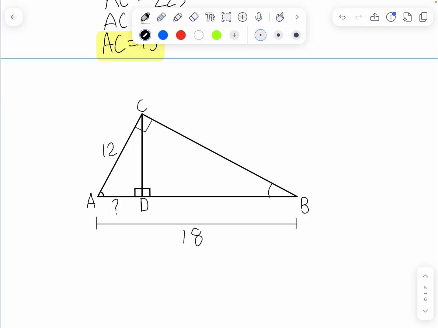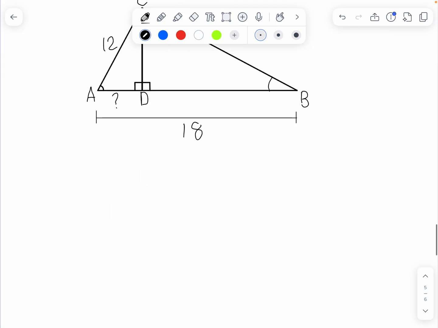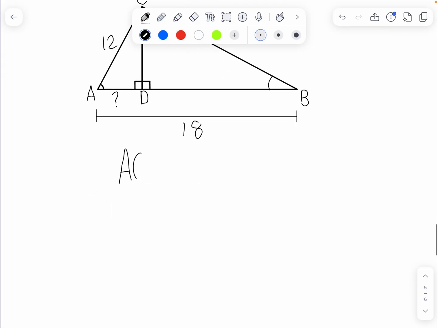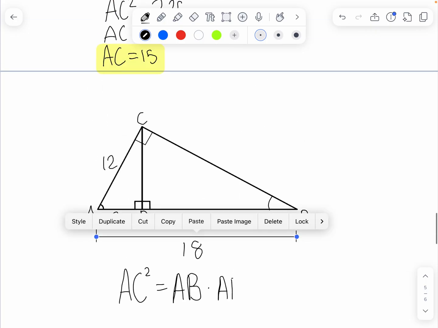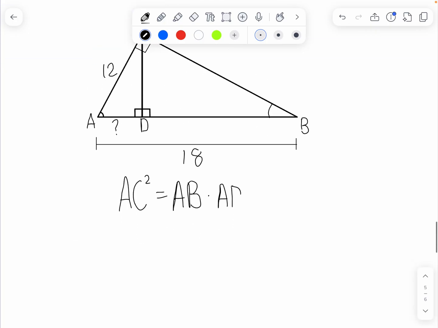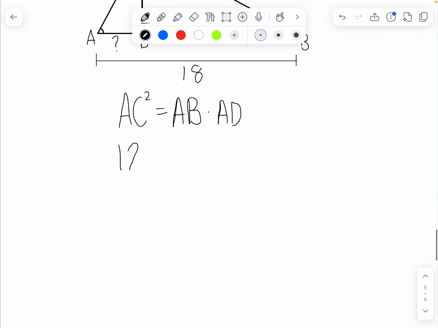So let's get started. So using the formula of AC squared equals AB times AD, that would equal 12 squared equals 18 times AD.